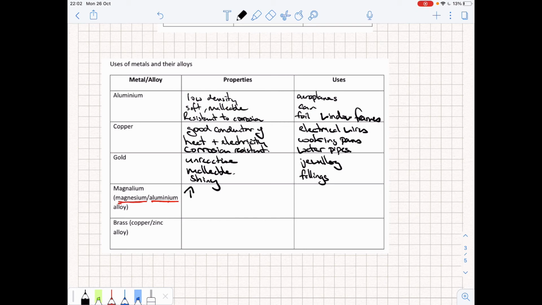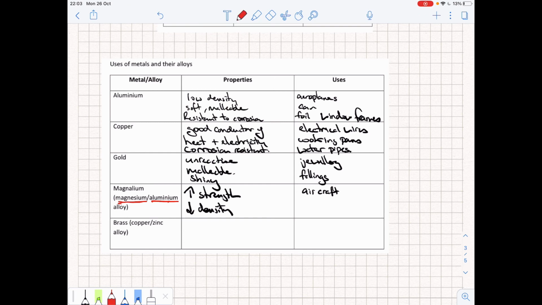So we get an increase in strength of this alloy and a lower density if you were just to compare it to, say, aluminium, which we've already covered in our list up above. Therefore, our uses for this, again, it comes down to the manufacture of aircraft, because of that low density, but also because of the extra strength in there.